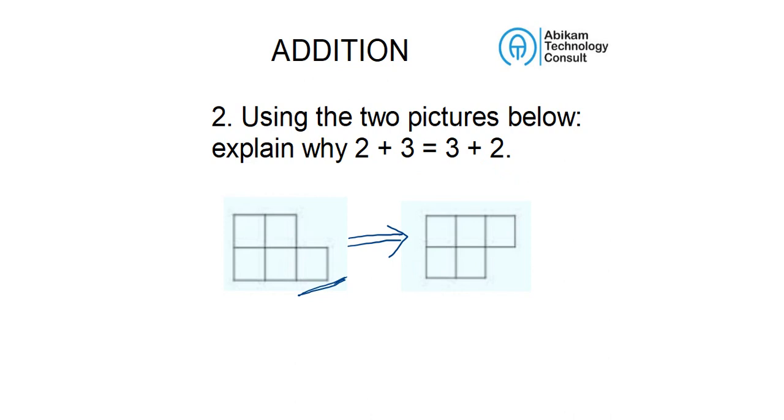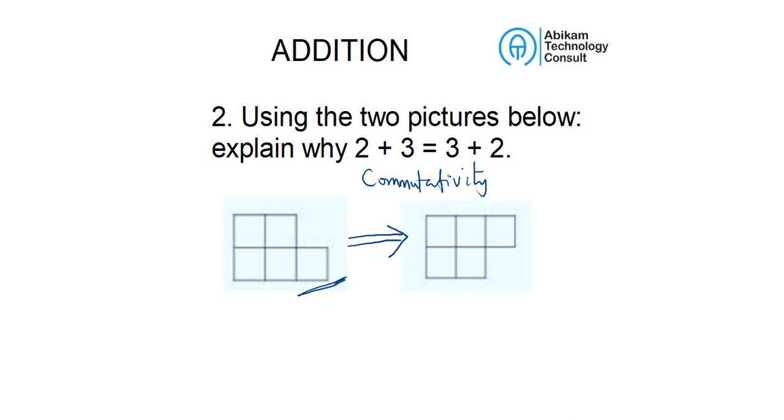So when you flip the figure, it does not affect the counting of the squares in that figure. So in mathematics, we call that commutativity property. So it means when you flip figures, it does not affect our result. And that is what you can see there. 2 plus 3 is the same thing as 3 plus 2.